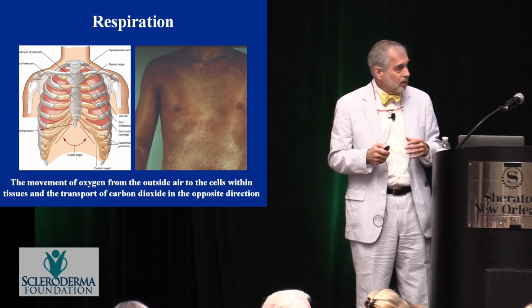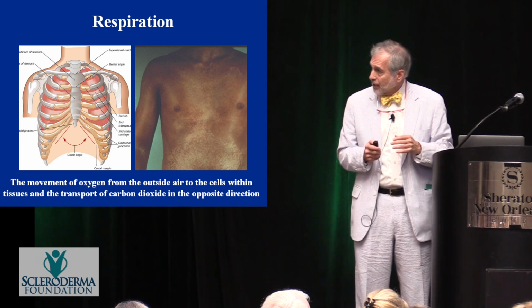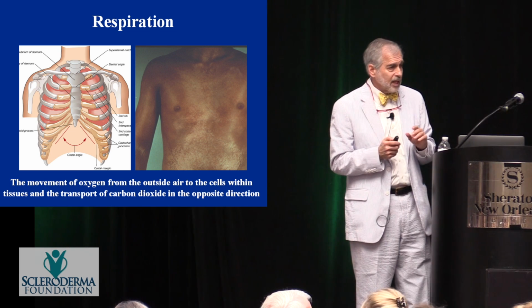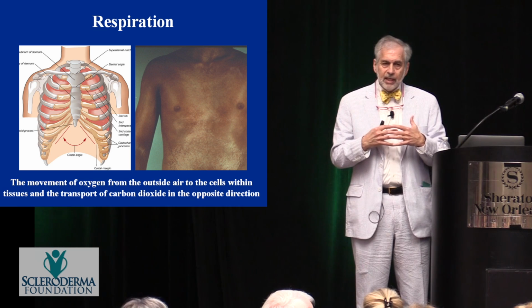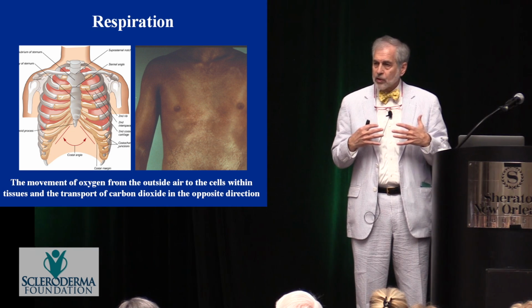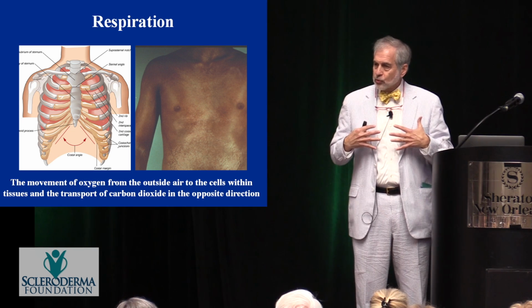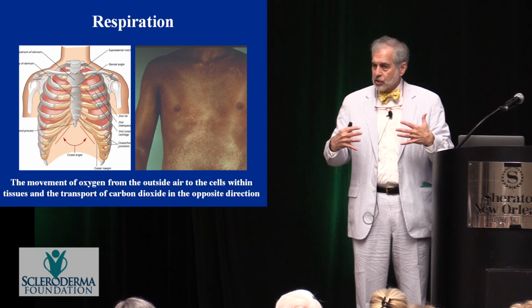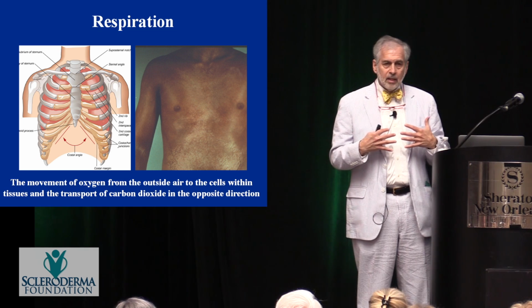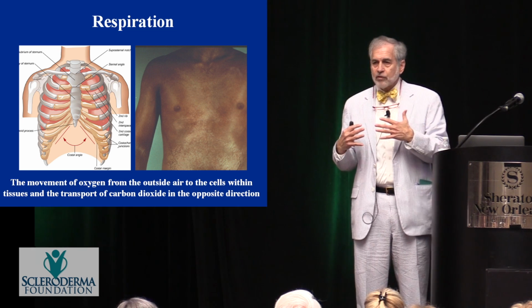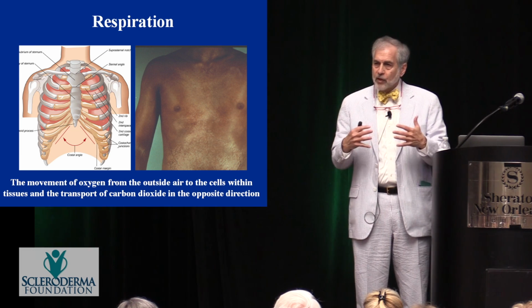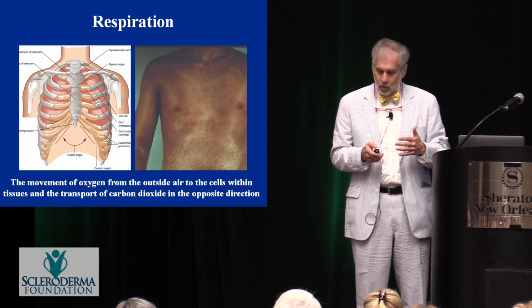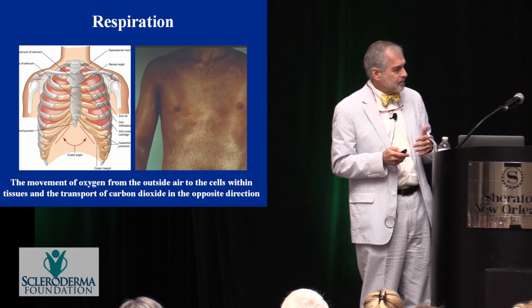Or as shown on the right side of your screen, it doesn't show up very well because of the lighting in here, sometimes we'll find patients where the skin over the chest wall is so tight it restricts the expansion of the chest. We'd have to do certain breathing tests and certain imaging studies to figure this out, but that is one potential cause of shortness of breath.